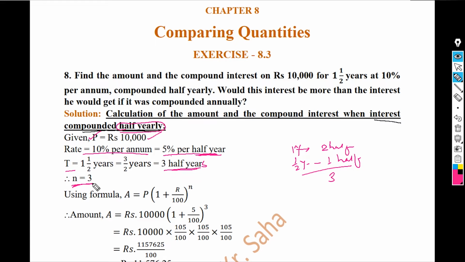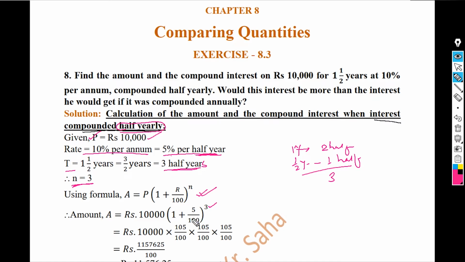You know the formula for amount, that is P into 1 plus R by 100 to the power n. You have used this formula several times. Put the values, that is principal is 10,000 and rate is 5% and n is 3. Now it is very easy to calculate.